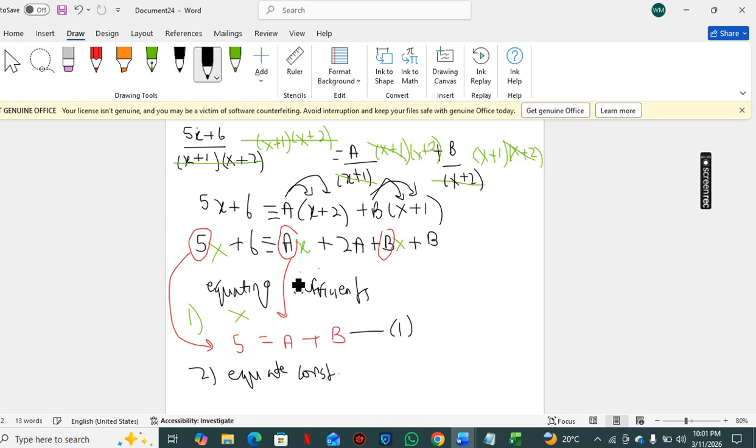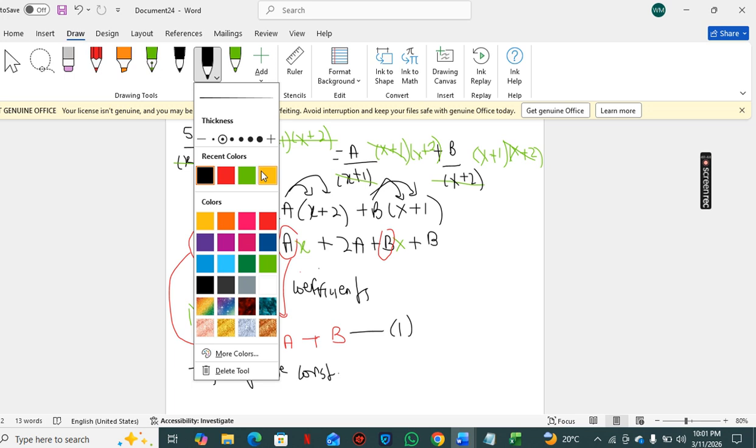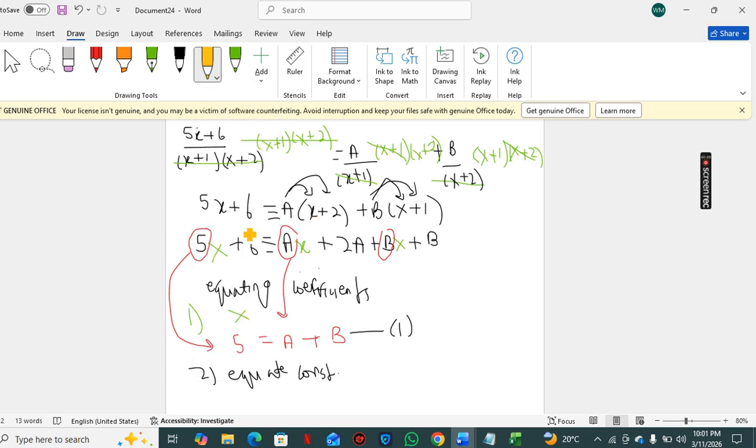Equate the constants. So if we look on the left hand side, 6 doesn't have an x here. Okay. So we're going to put here 6 equals 2A doesn't have an x.